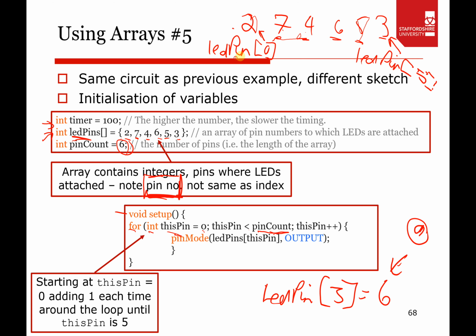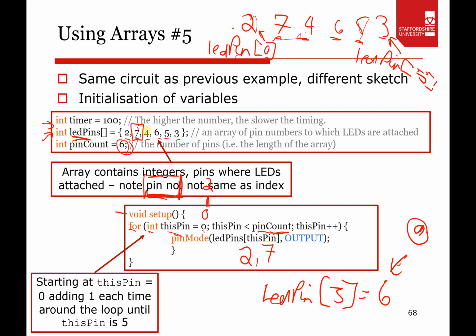So LED pin 0 equals 2 on the first iteration. On the next iteration, when this pin starts off at 0, this pin moves to 1, then the next pin is pin 7. Then this pin goes to pin 2.